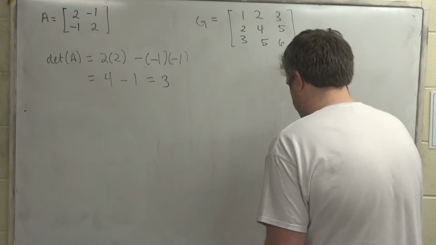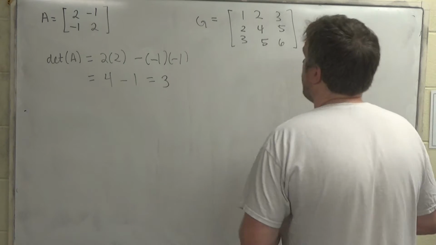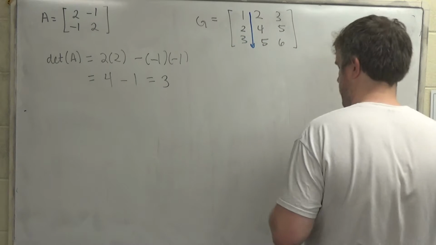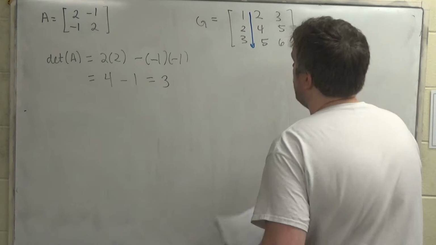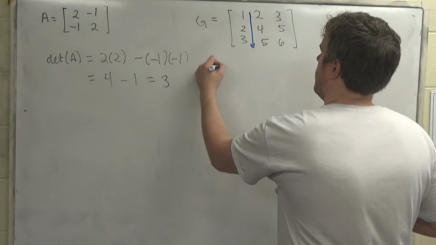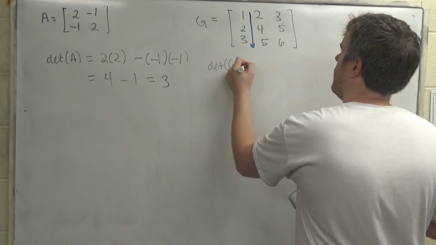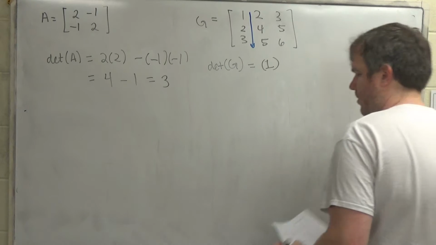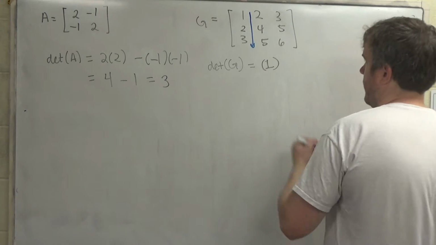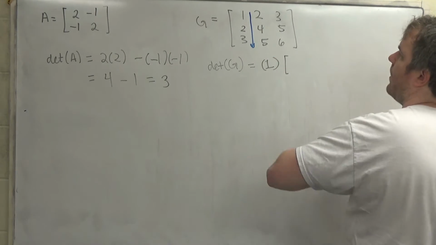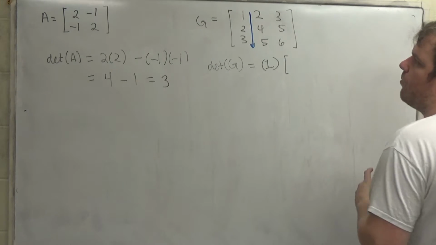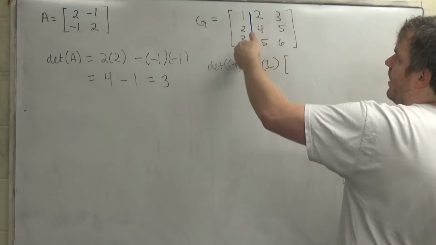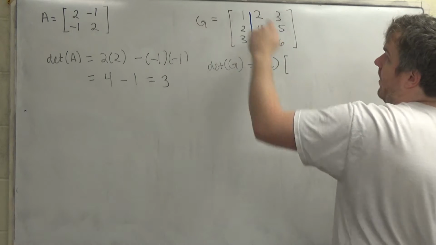So the first thing is we want to go down the first column. We start out with 1, and then we're going to multiply that by the determinant of the smaller matrix that we get when we take out the first column and the first row in this case.